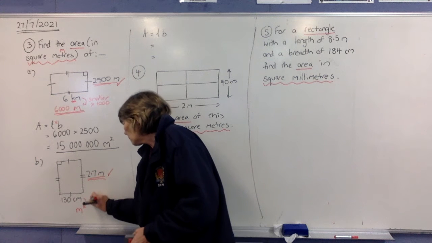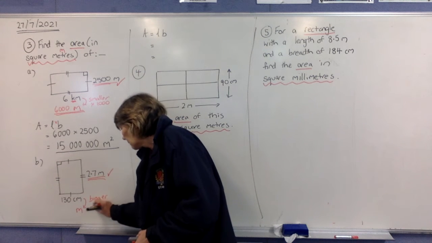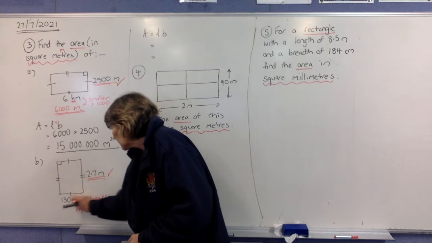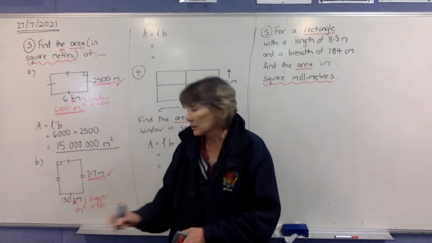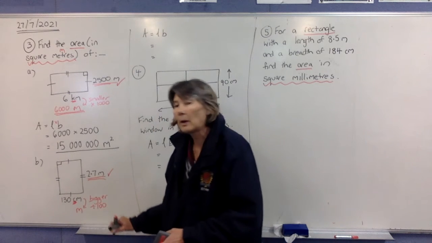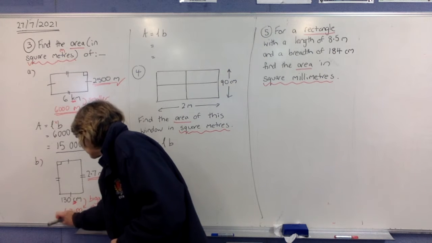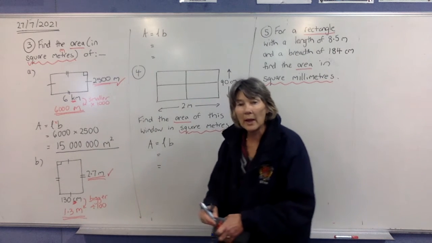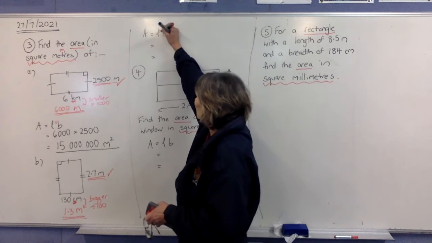So we're going to a bigger unit. So we divide by, centi is 100, so we're going to divide by 100. So 130 divided by 100 on your calculator will give you 1.3 metres. And they are the two numbers we are now going to use because they're both in metres.